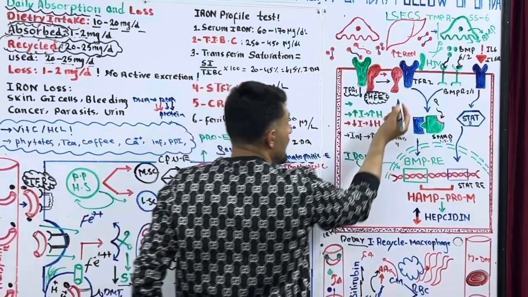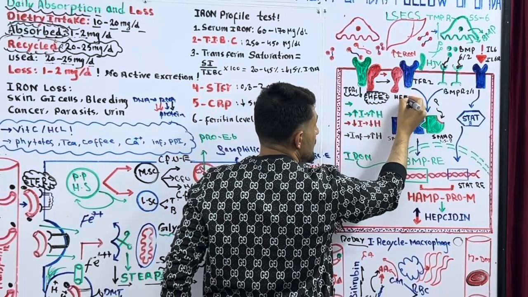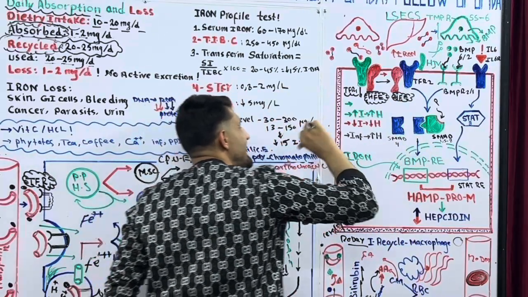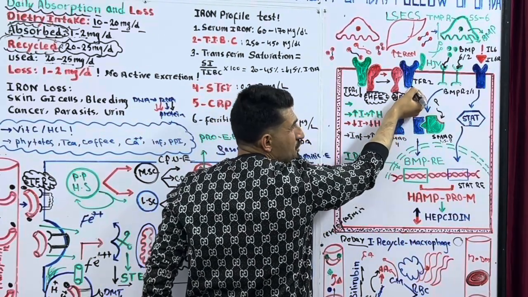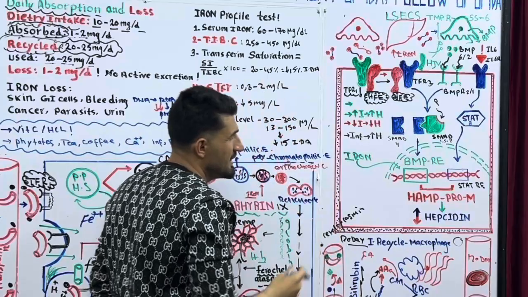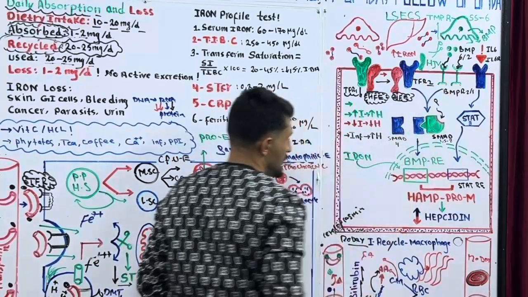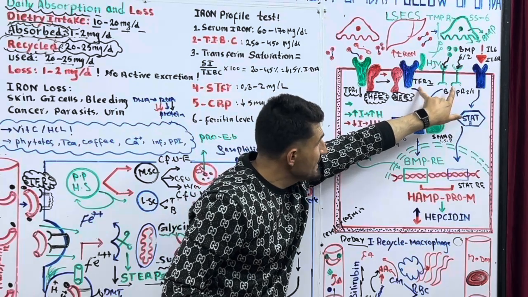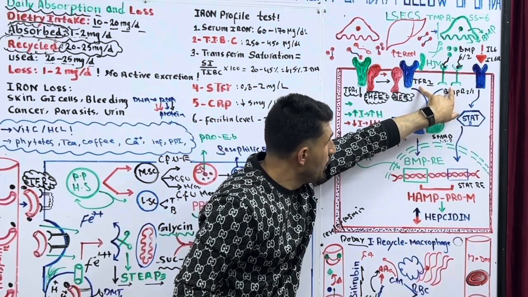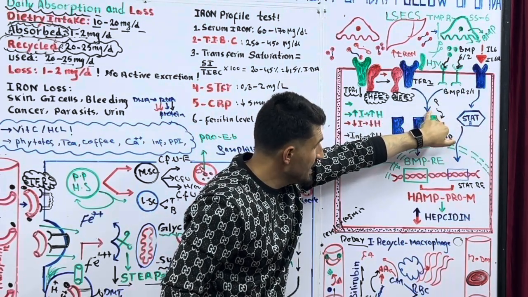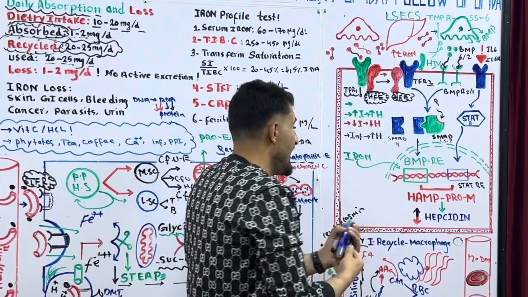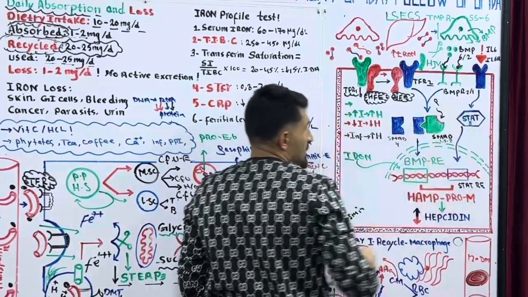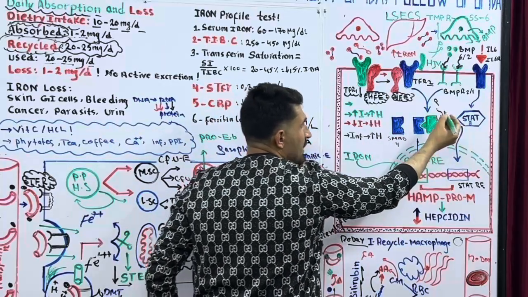Now this HFE protein also stimulates another type of transferrin receptor, which is called transferrin type 2 receptor. So now transferrin type 2 receptor and BMP receptors, both of them generate a signal, specifically BMP receptor type 2 and type 1.